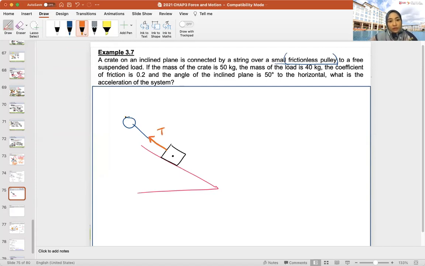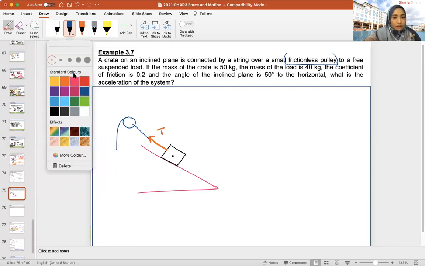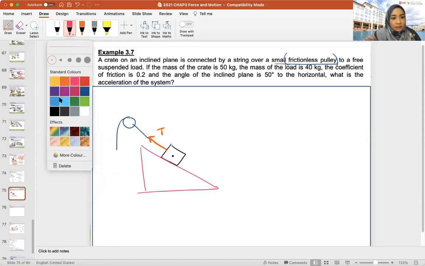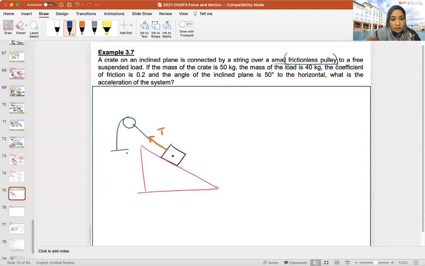So this is your first T, and it says that it is connected by a string over a small frictionless pulley to a free suspended load. Suspended load means it is hanging. So this is our load. This is our suspended load.